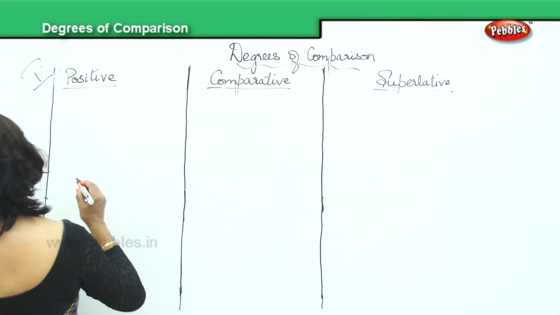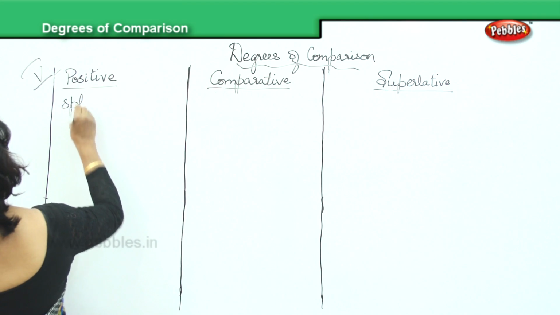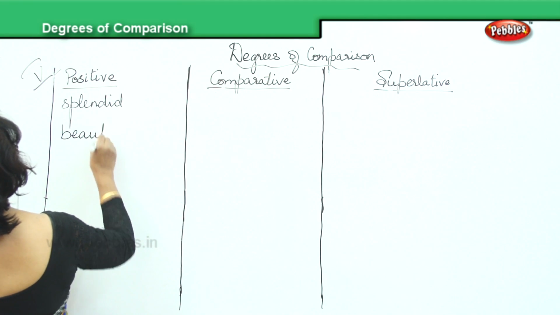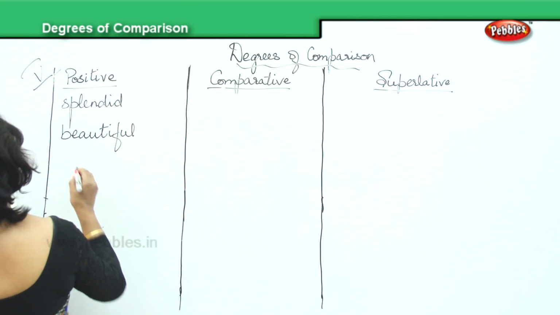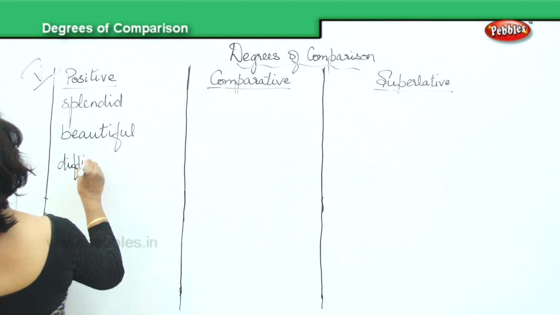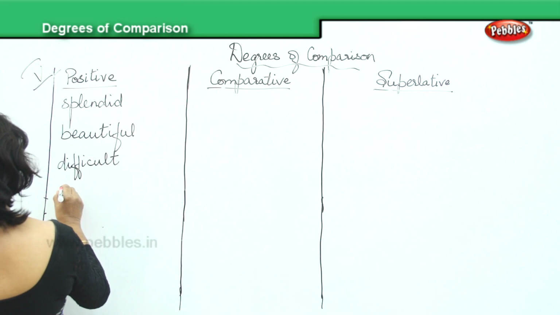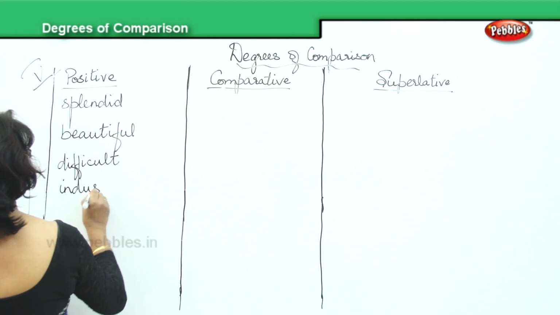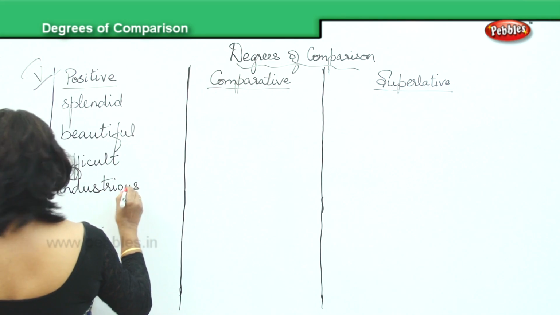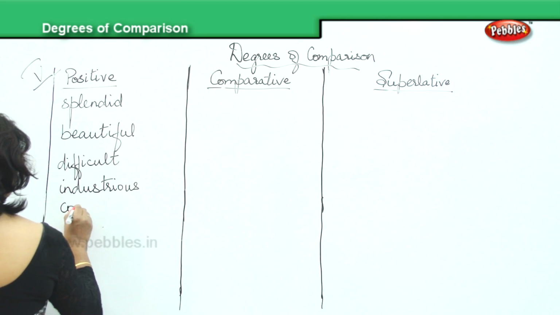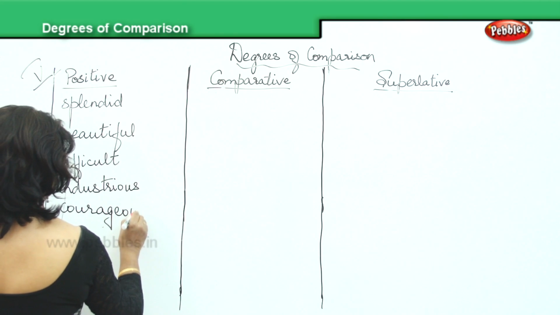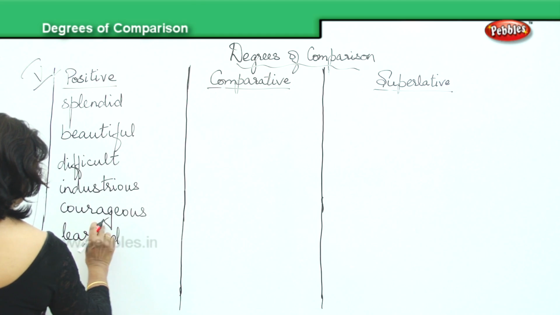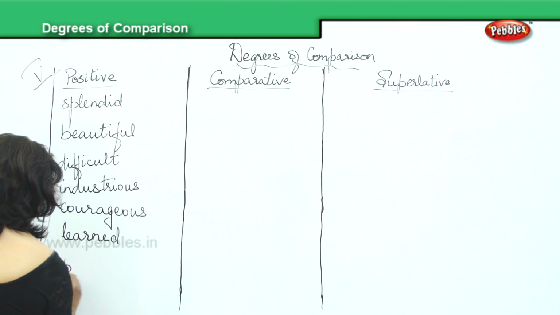For example, splendid, beautiful, difficult, industrious, courageous, learned, and proper.